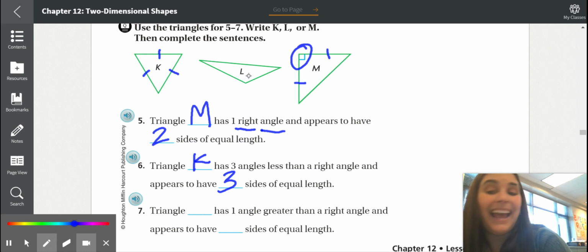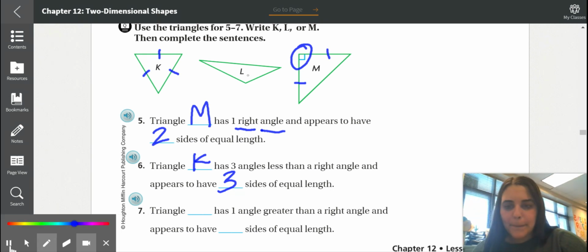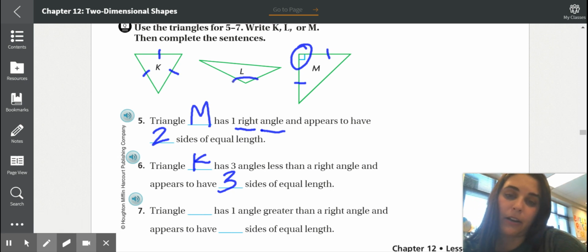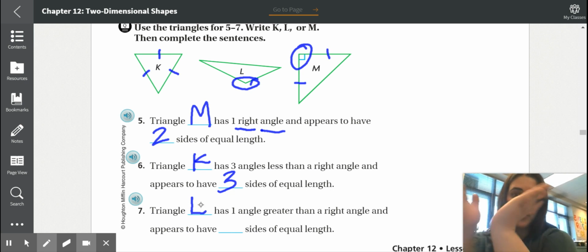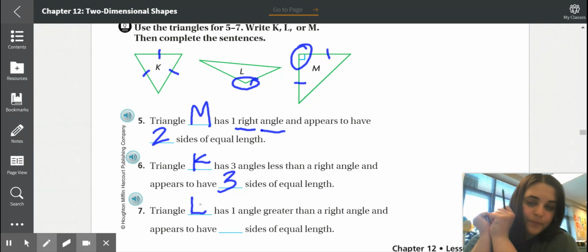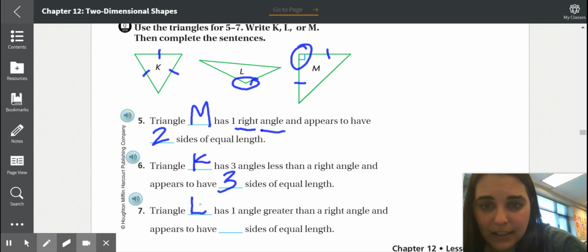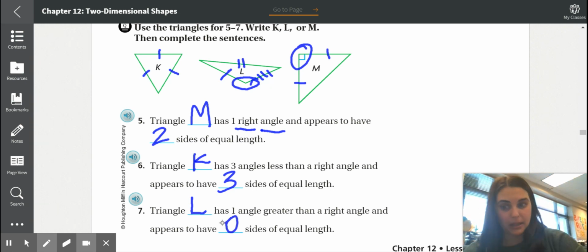So if we're looking for the angle that's greater, that would be this angle here. That is greater than a right angle. So we know that triangle L has one angle greater than a right angle. And it appears to have how many sides the same length? Well, looking at this triangle, it doesn't look like any of the sides are the same. They are all different sizes. So 0 sides are the same length.